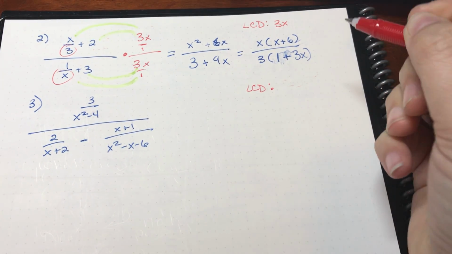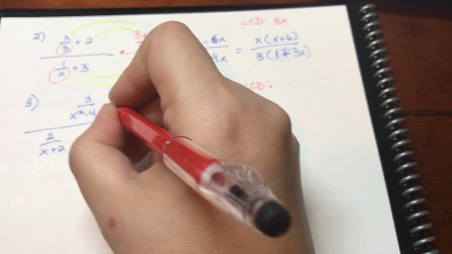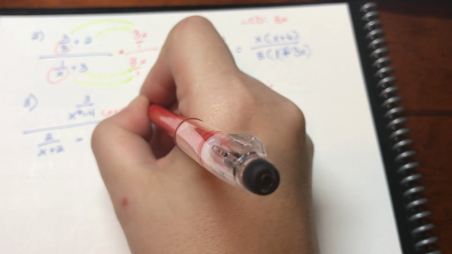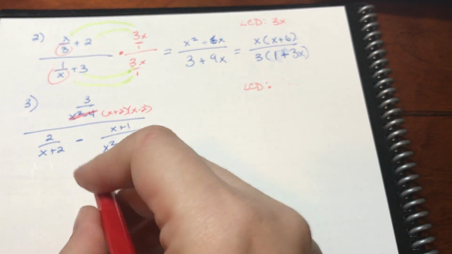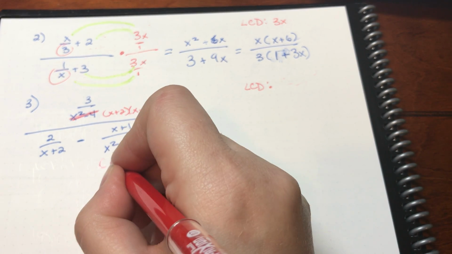LCD is, let's see, if I factor this here, this is x plus 2, x minus 2. So I'm going to use that as my denominator instead. This one cannot be factored. This one can be factored.